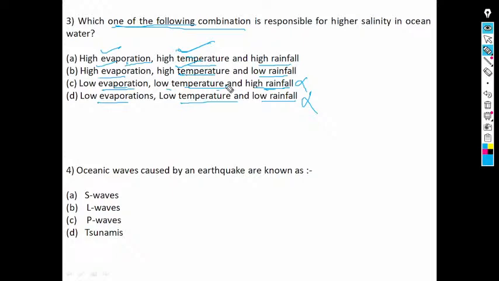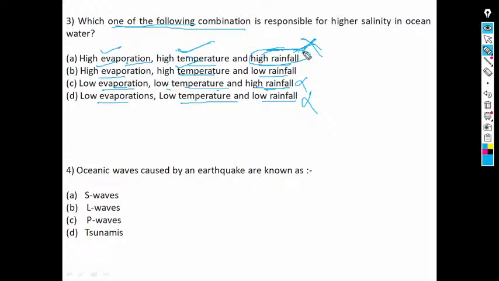Then next, the rainfall pattern. High rainfall is never responsible for higher salinity. Higher rainfall can be a contributing factor for lower salinity. So this option we can eliminate.